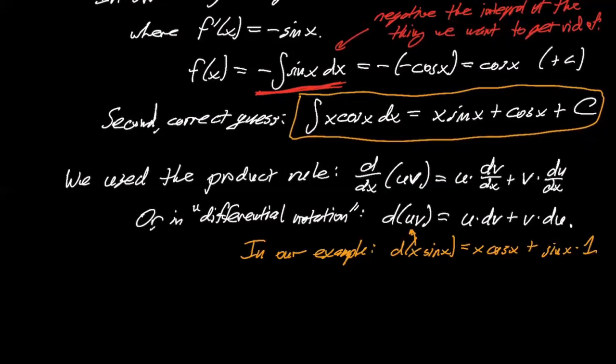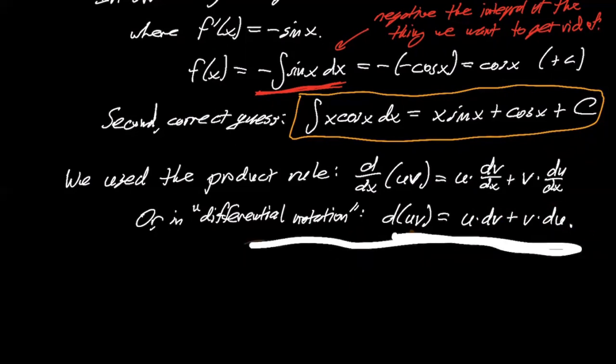Oh, I'm not writing this correctly. Sorry, I need to be careful about this term right here. Because there's d's, whenever there's d's, there should be dx's, like dv. It's like we did in u substitution, right? If v is sine x, then dv should be cosine x dx. So let me be a little more careful here. Just going to erase this and try it again.